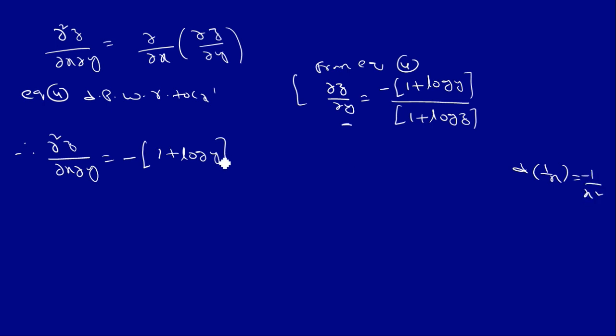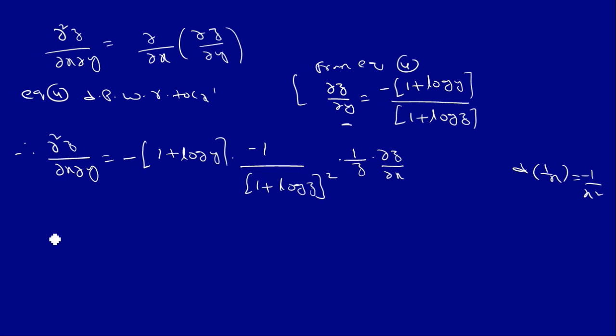So this means minus 1 by 1 plus log z whole square. Then the differentiation of log z is 1 by z, dou z by dou x. That's why I write here dou x.